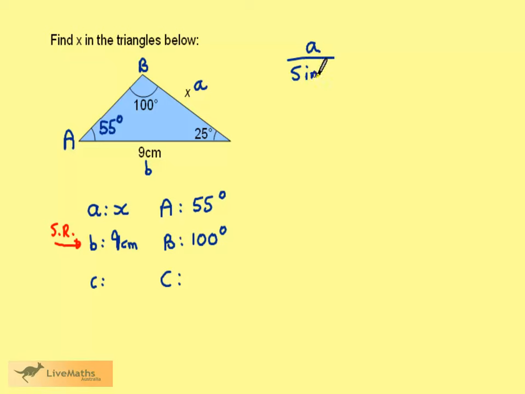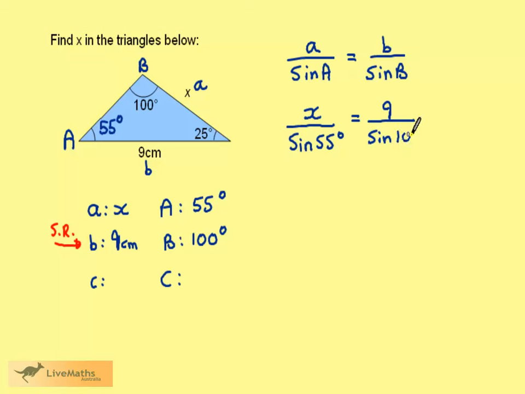A over sine A is equal to B over sine B. Substituting in, we have x over the sine of 55 degrees is equal to 9 over the sine of 100 degrees.